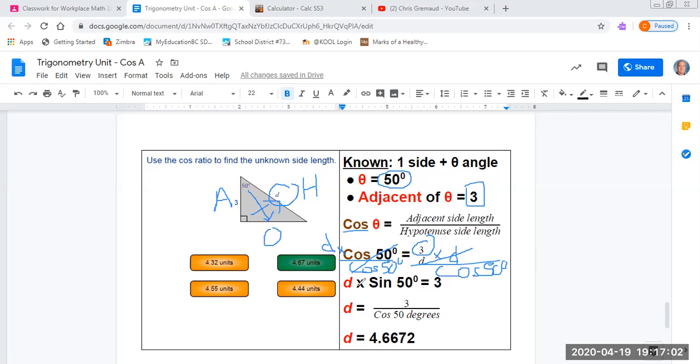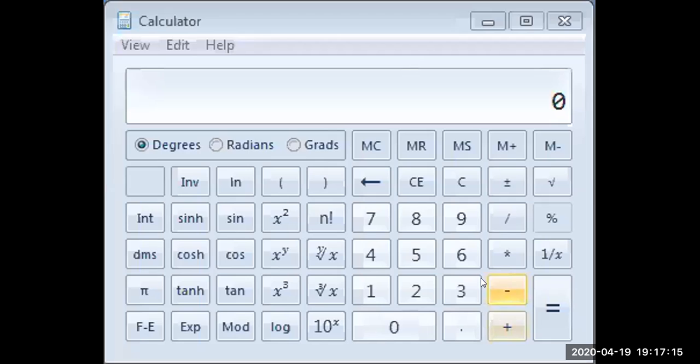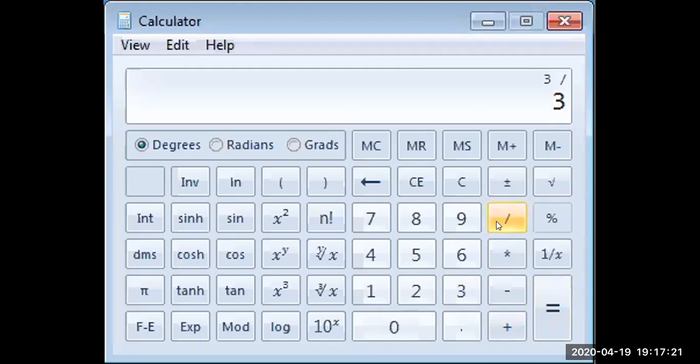So now how do we solve for that? Well, let's take a look again at how we would do this. Using the calculator, we basically need to take 3, and then we're going to divide this, and I'm going to use a bracket just to be clear on what we're doing here.